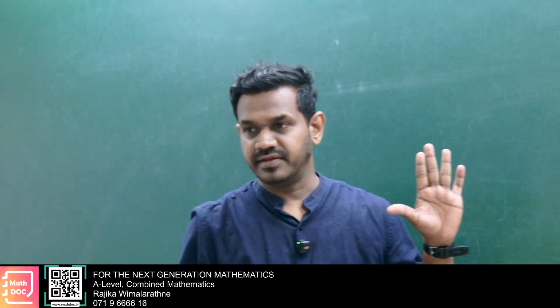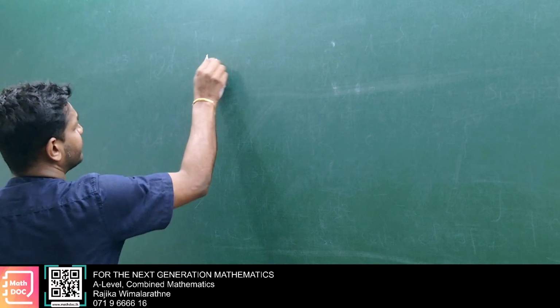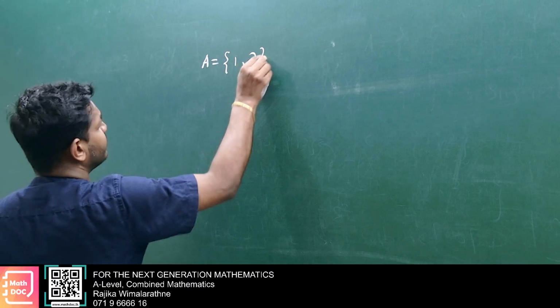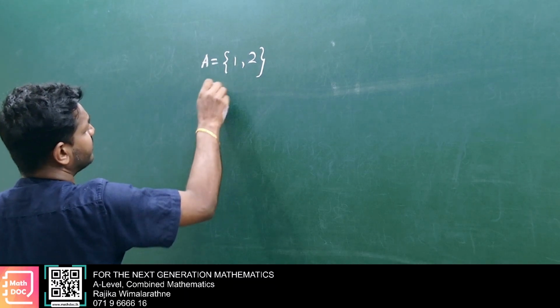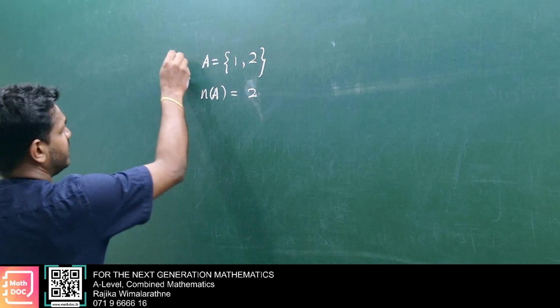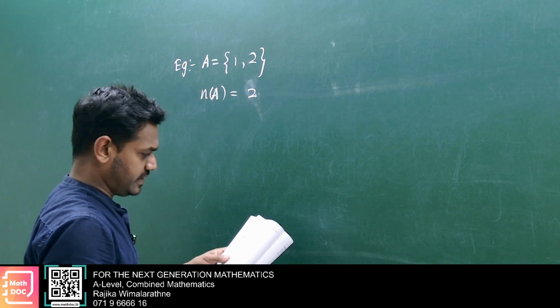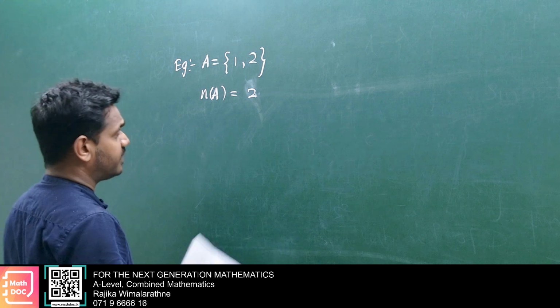Now you do with me. Here A = {1, 2}, n(A) = 2. These are a few examples; you had better write that on another paper.